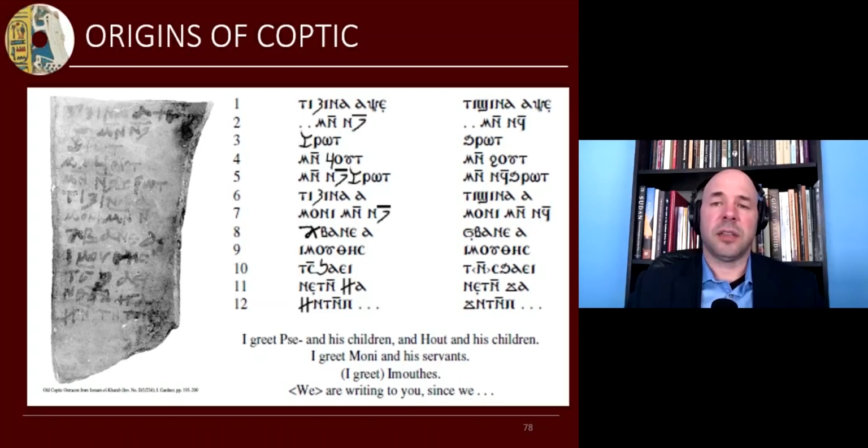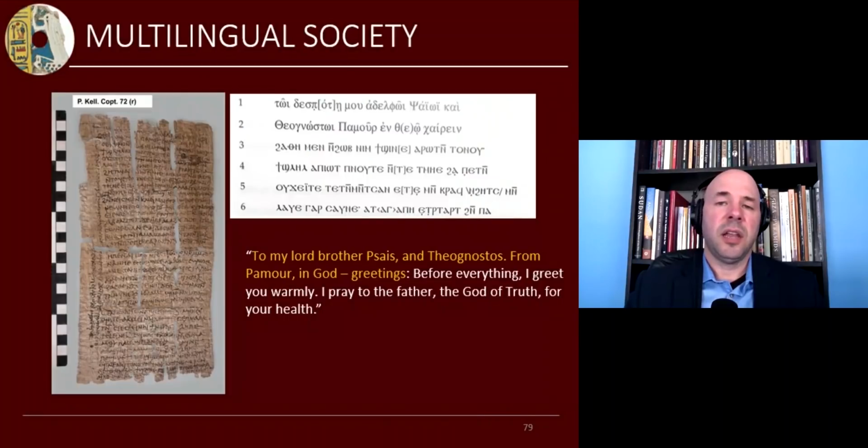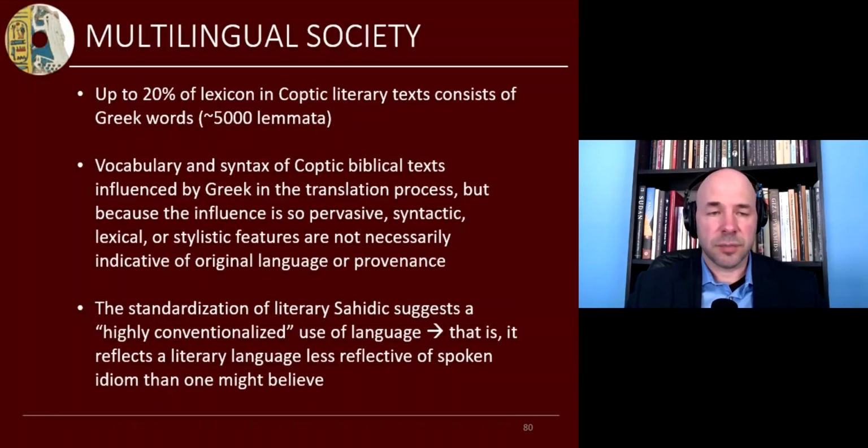So you have cases like this where the script hasn't been standardized, and you can also see cases like this letter that is bilingual. So it has sections of it written in Greek, sections of it written in Coptic. So again, you can see this sort of multicultural nature of Egyptian society during these periods.